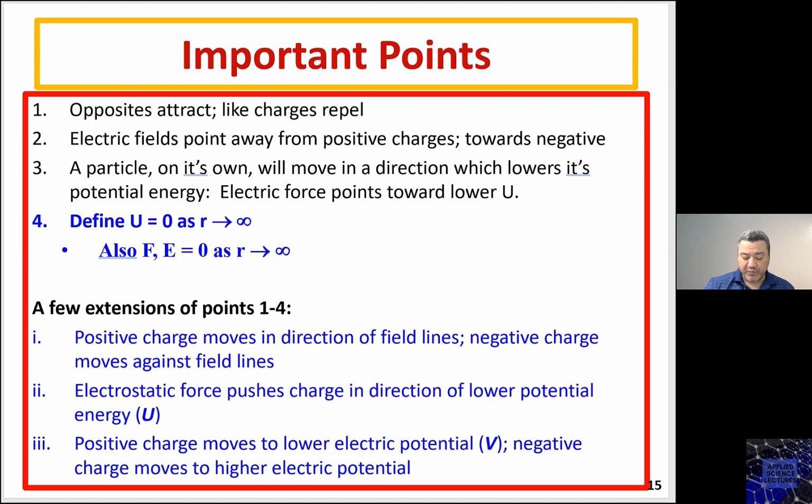Negative charges move against the field lines. Electrostatic force pushes charges in the direction of lower potential energy. Positive charge moves to lower electric potential, and negative charge moves to higher electric potentials.